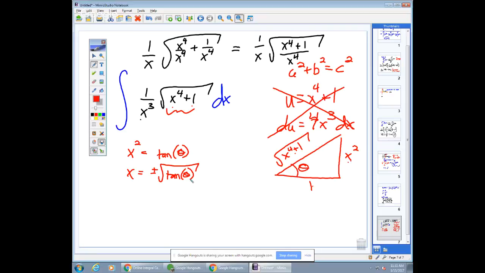And cosine would be 1 over the square root, so secant would be equal to the square root. I guess I should do my dx next. Can we just keep the positive version of this and not lose anything? What are our bounds of integration? We're going from 1 to infinity. Yeah, I think we can safely just use the positive version. So let's see, what's the derivative of the square root?